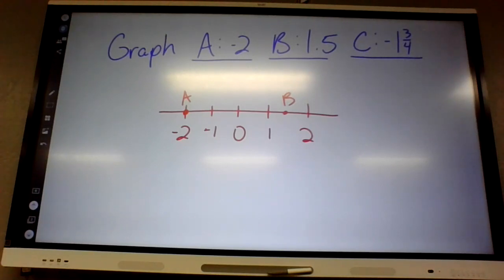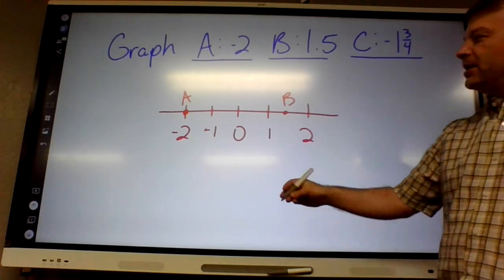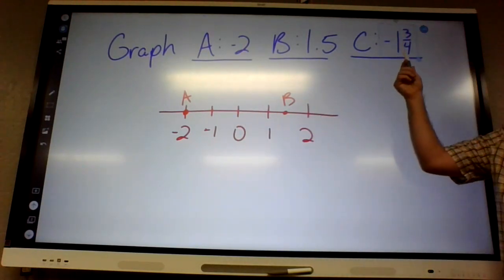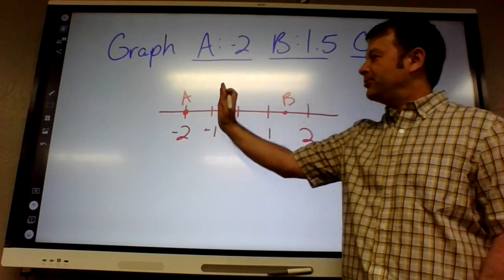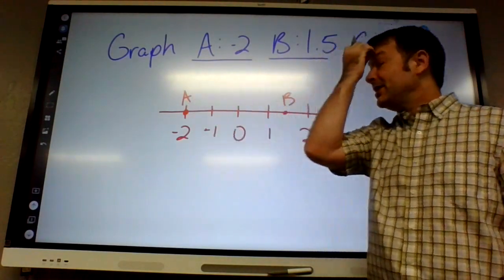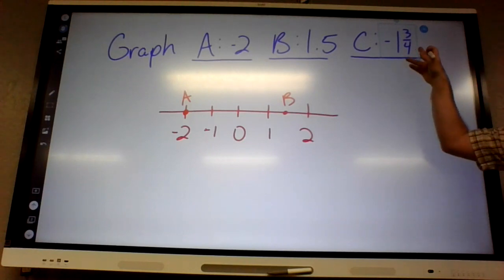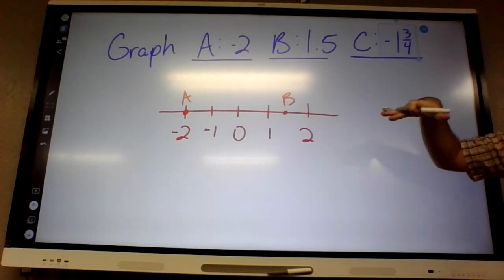All right, Brooke. Where is negative 1 and 3/4 at? It's past the negative 1.5, so it's a little bit before. Yeah. Negative 1, so you go to negative 1, and then 3/4 of a group is most of the group.